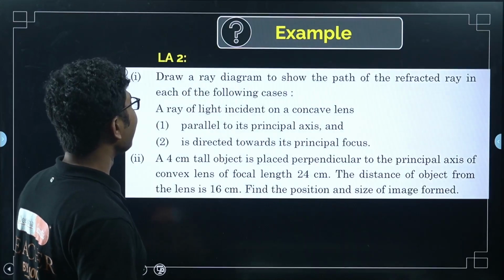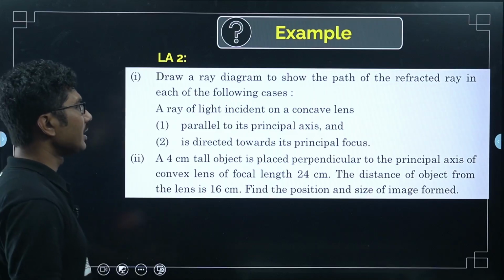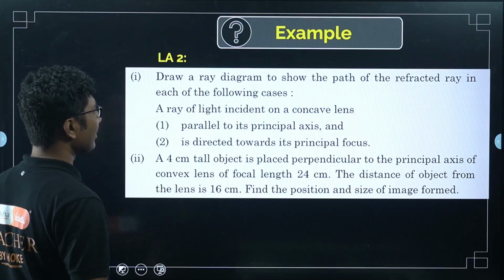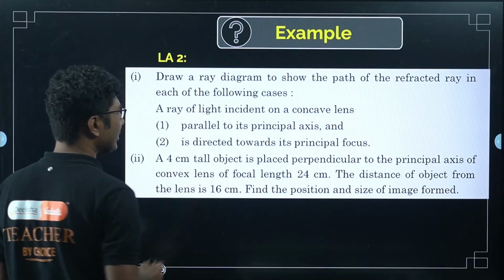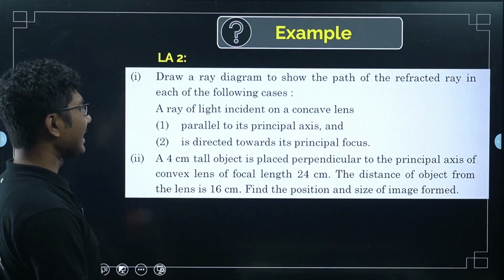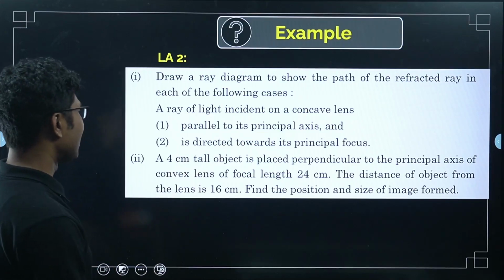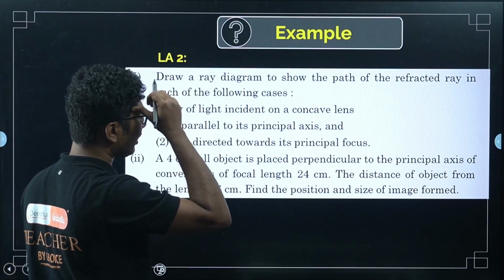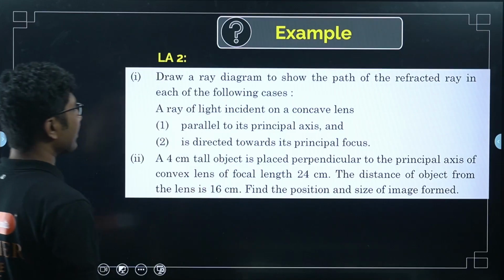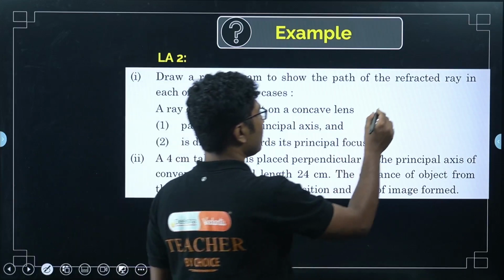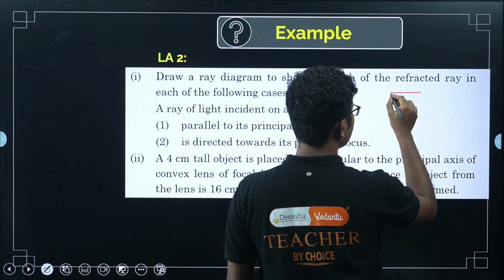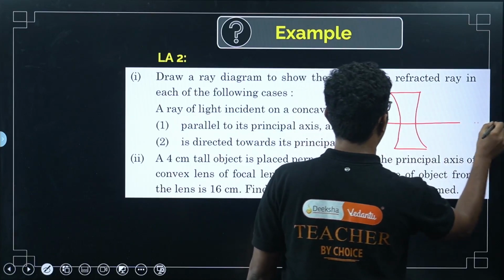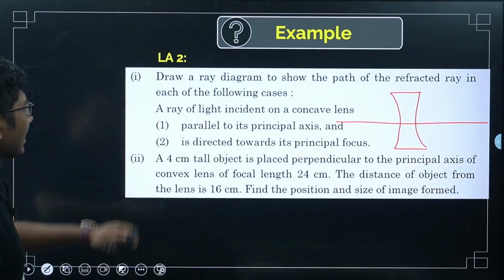Okay, draw a ray diagram to show the path of the refracted ray in each of the following cases. A ray of light incident on a concave lens parallel to its principal axis and directed towards the principal focus. So this question I have already solved. So we have a concave lens, and what they have said, parallel to principal axis.